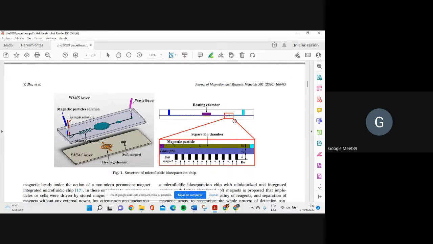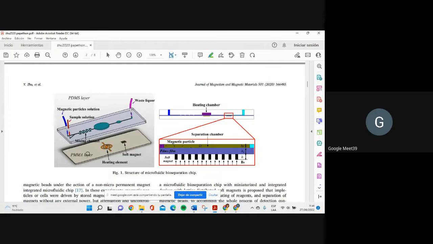You can see that they have a magnetic particle solution input and one for the sample solution, then a mixing channel and two chambers, sorry, and a waste outlet. If you look at the lower layer, you can see that there is a heating element, and this is the soft magnet. The heating element is used because in this paper, they try to capture nucleic acids.